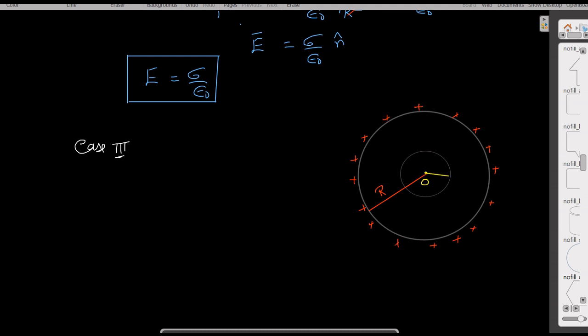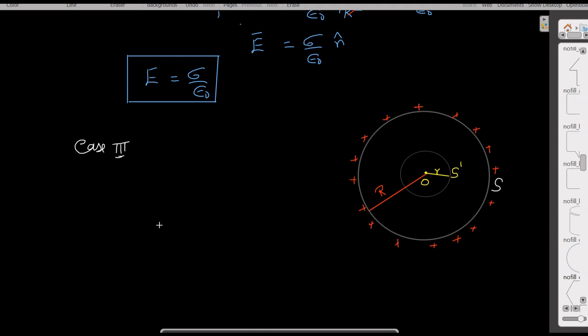So this is our Gaussian surface S dash of radius small r, and this is our spherical shell of charge S. Gaussian surface is also a sphere, that is S dash.